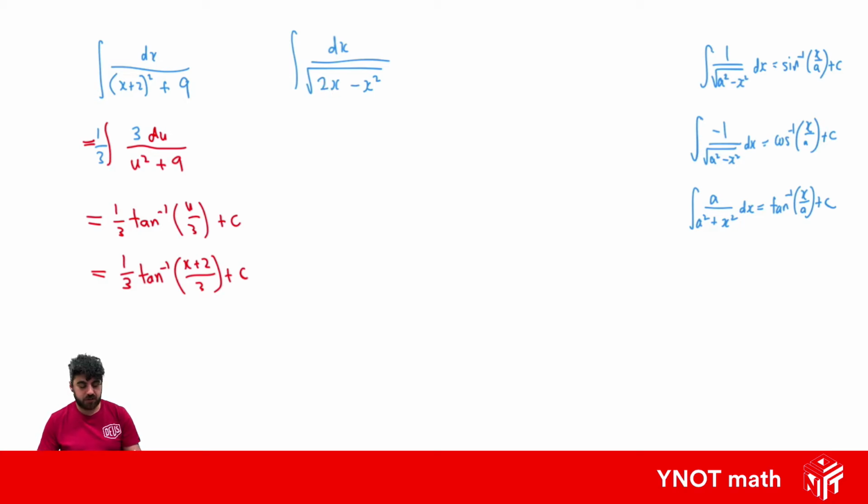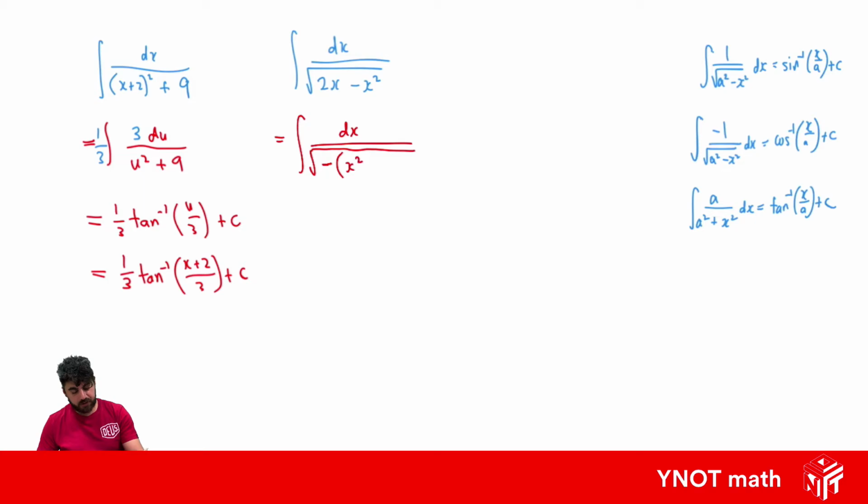So if you have a situation like this, what you need to do is actually complete the square. And that's what we're going to do. So we're going to have the integral dx over the square root. And because our x squared term is negative, it's not really fun dealing with negative x squareds when completing the square, so we'll factor out the negative.